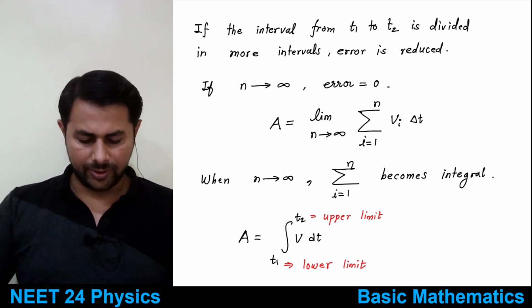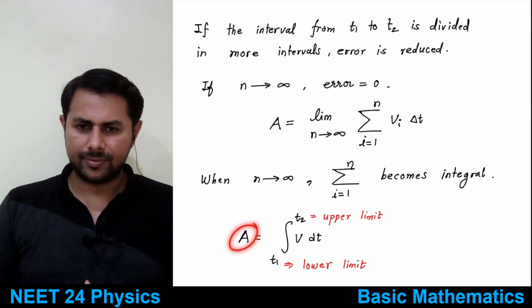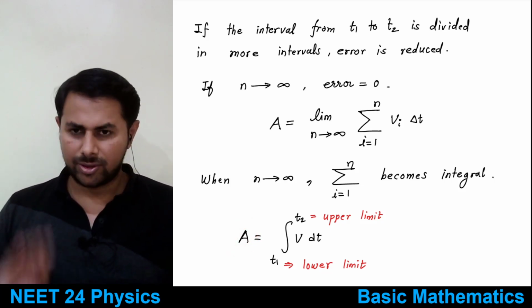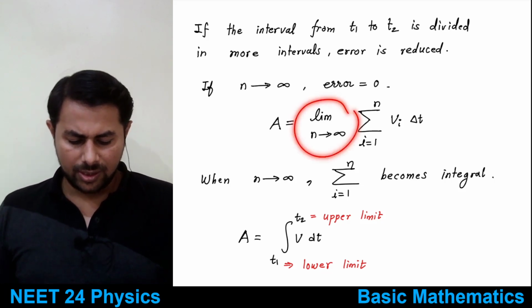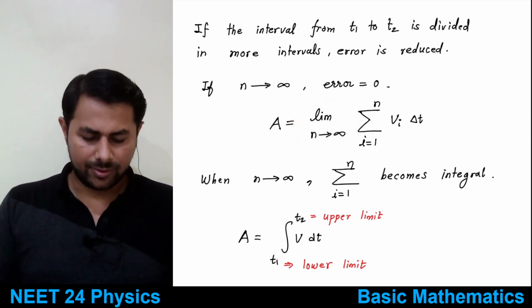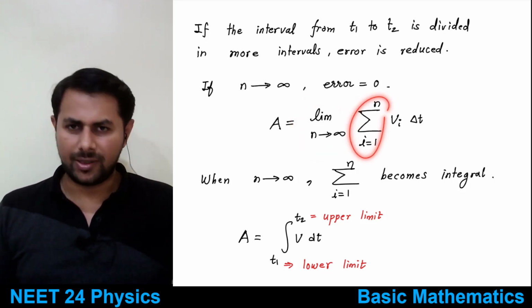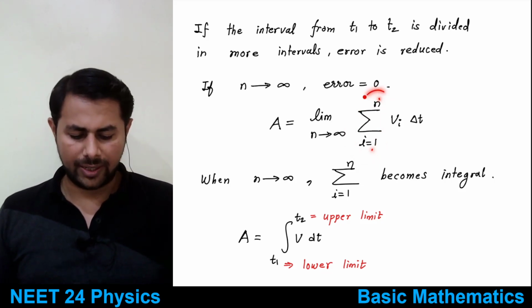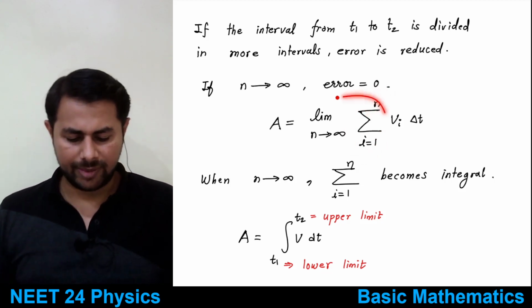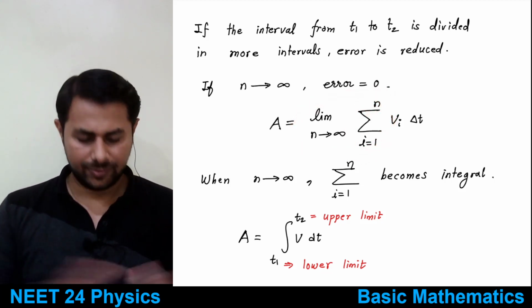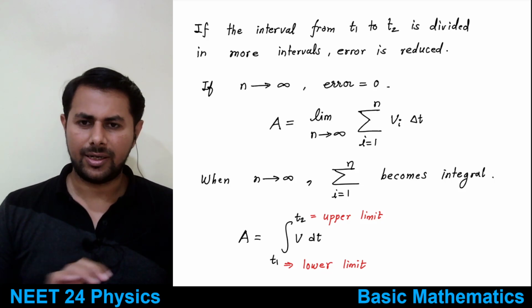Okay, good. So then, what is an integration? It is the limit n tends to infinity of the summation of something from 1 to n. When this n becomes infinite, the summation is called an integration. So this is the meaning of an integral.